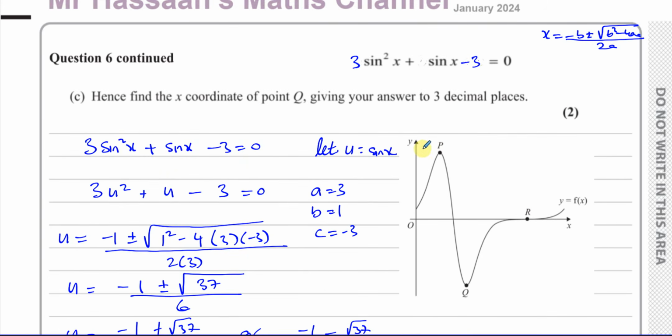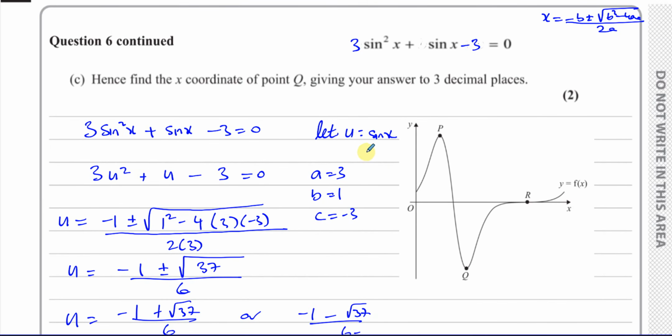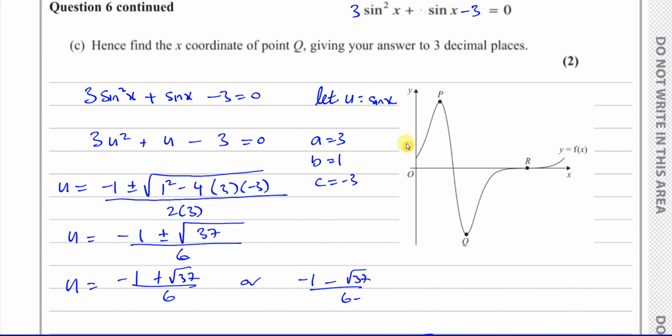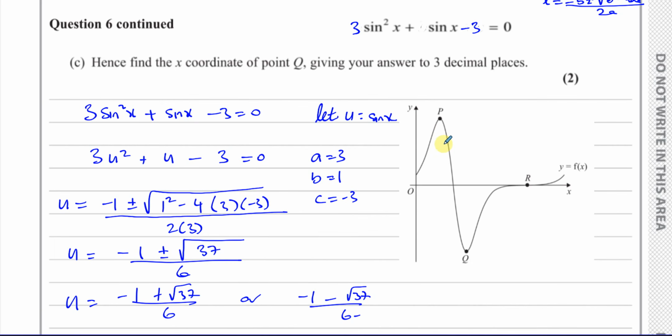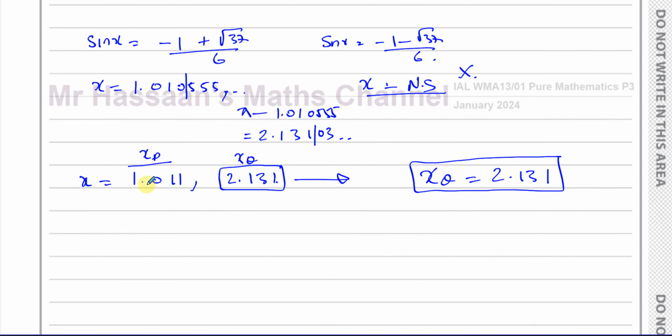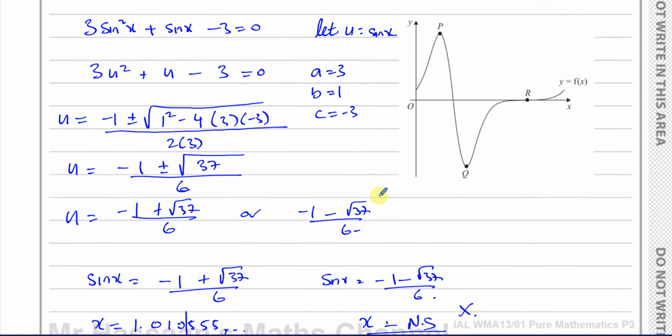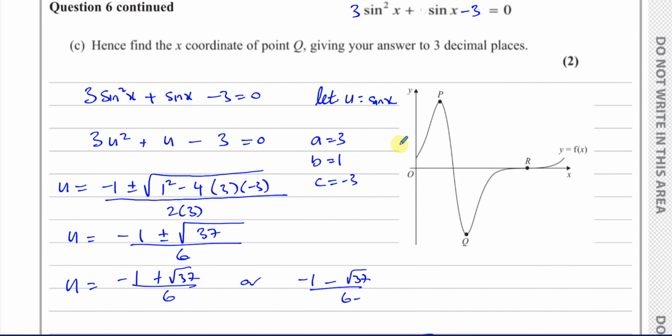Now, if you wanted to really make sure, you could work out whether P is a maximum or a minimum by using the second differential, or by using the first differential and putting a value just before this and just before that into it. But there's no need to do that here, because you can see with your eyes that P is the first turning point and Q is the second turning point.